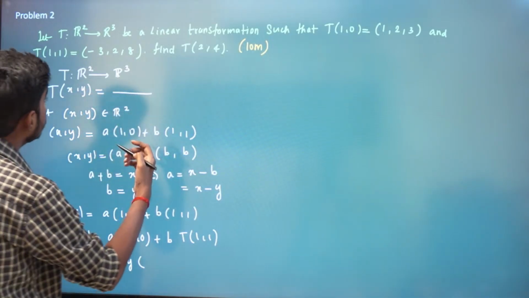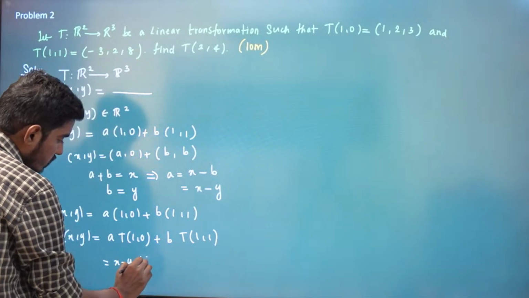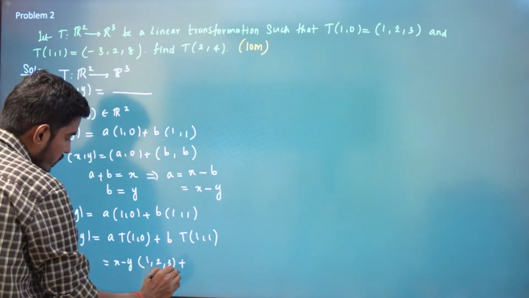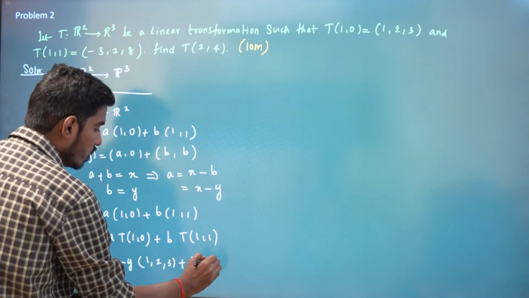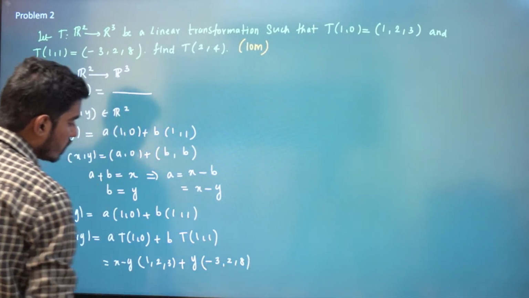What is T(1, 0)? T(1, 0) is (1, 2, 3), plus b times T(1, 1), which is (-3, 2, 8).